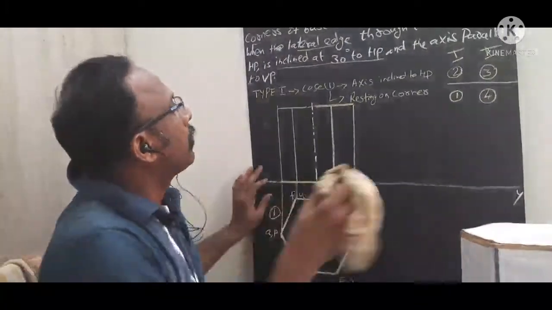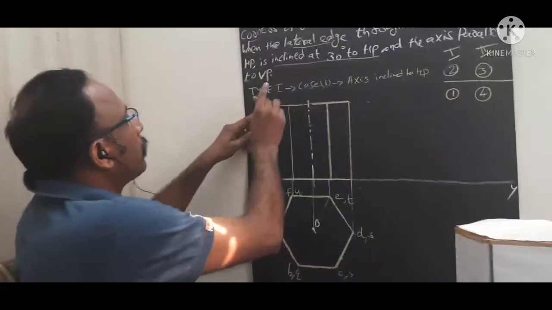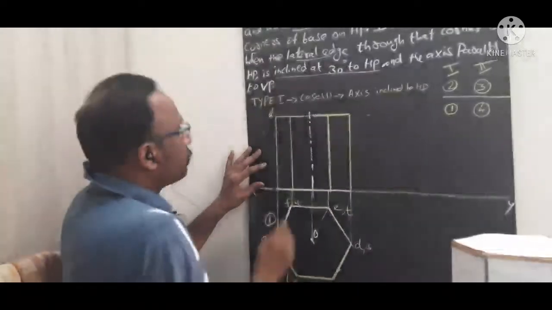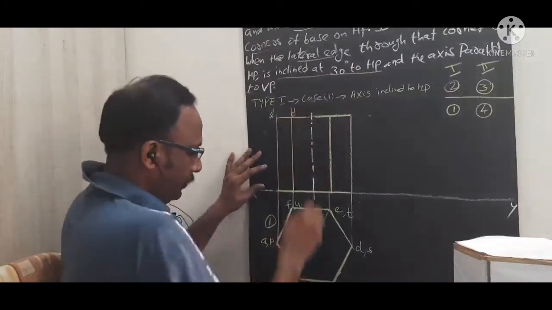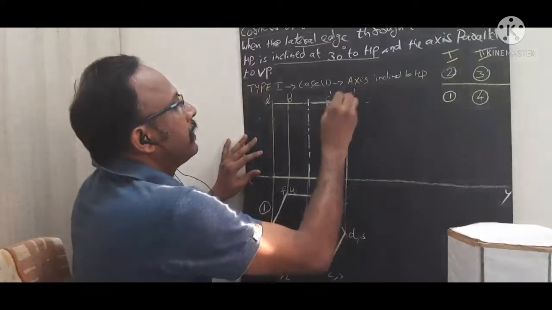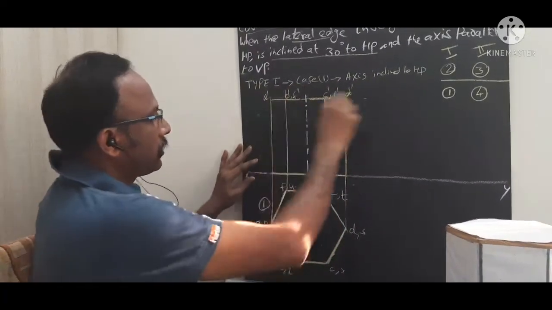After drawing this, I am going to mark the top corner points: A dash, B dash, C dash, D dash, E dash, F dash. So these are the top corner points.